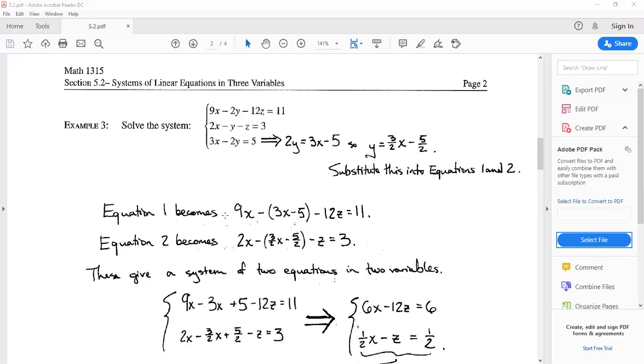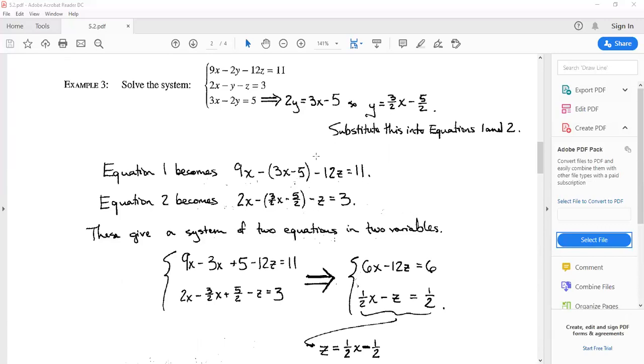So then that first equation becomes 9x minus 2y, which is 3x minus 5, so I'll put that quantity there, minus 12z equals 11. The second equation becomes 2x minus the quantity 3/2 x minus 5/2, minus z equals 3. So now we can do like we did before and expand these out, then simplify and combine all the like terms.